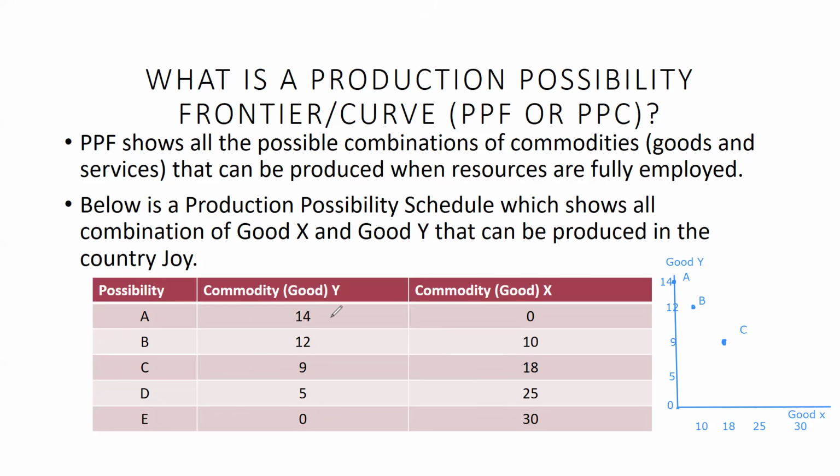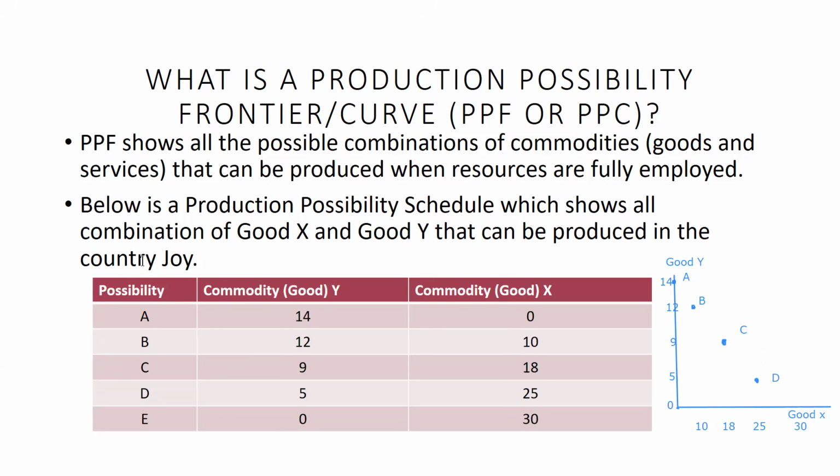Y is 5, X is 25. So you look for the point that's in line with 5 for Y and 25 for X, which will be about here. Label it. Call it D.